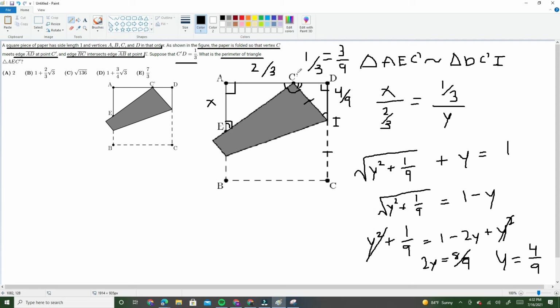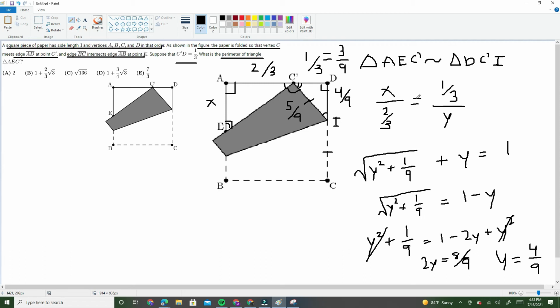So this length C prime D would be 3/9, DI would be 4/9, and then C prime I would be 5/9. And that makes sense, because we know that C prime I is equal to CI, and we know that CI plus DI has to equal 1. So since C prime I is equal to 5/9, CI has to also be equal to 5/9, and 5/9 plus 4/9 is equal to 1. So this verifies that this length 5/9 is right.